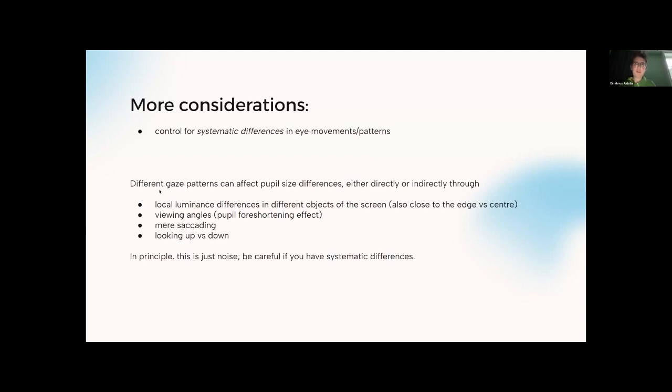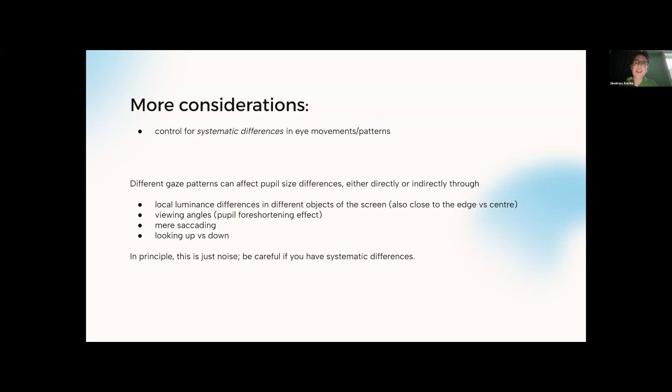Yeah, and some final considerations. As we have mentioned before, pupil size varies a lot depending on things like which part of the screen you look at, because of luminance differences. For example, there can be local luminance differences in different parts of the screen, different objects, or different viewing angles, or just saccading around or looking up usually induces a larger pupil size than looking down.